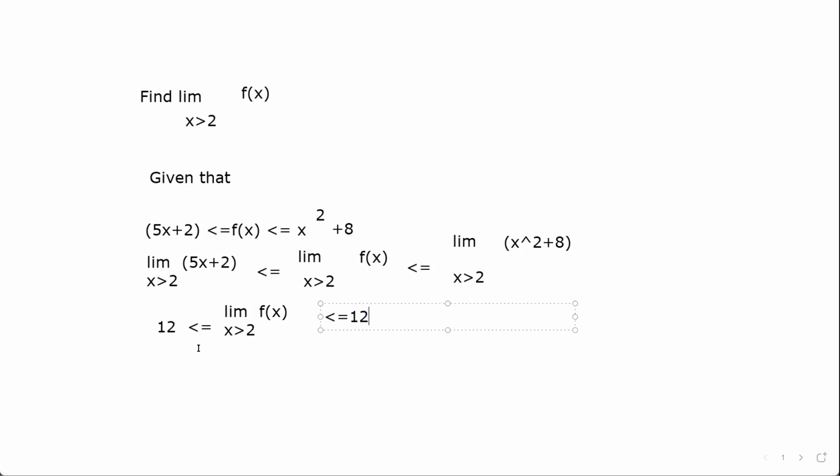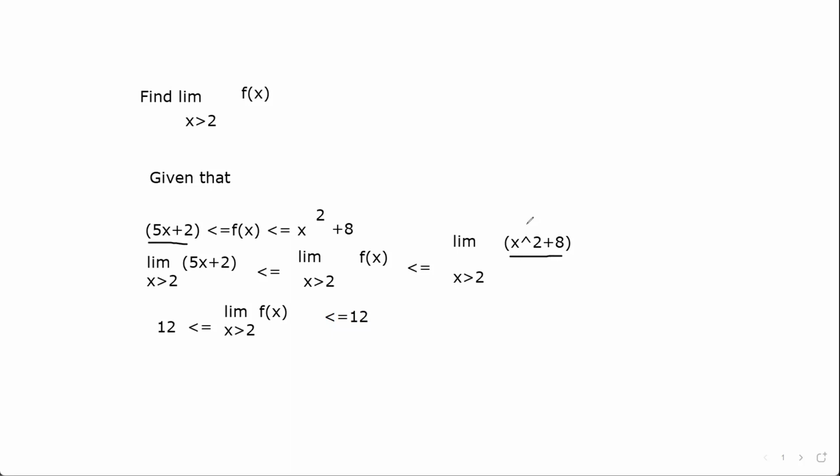The difference between the two examples that I've shown you in trying to get you to understand what it actually means is that typically when we do the squeeze theorem from scratch, we're not given these functions. We have to find those functions.